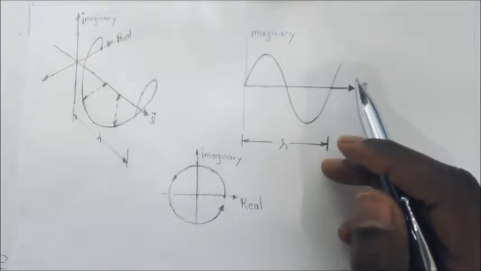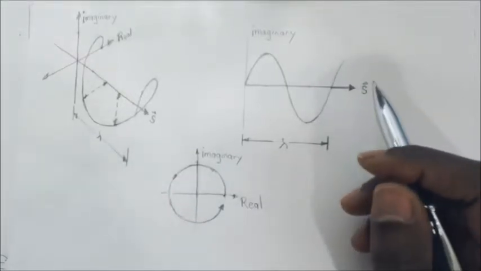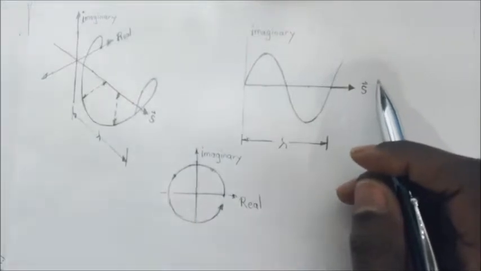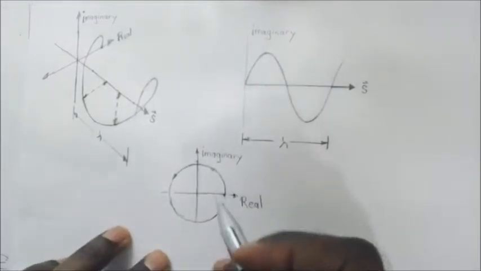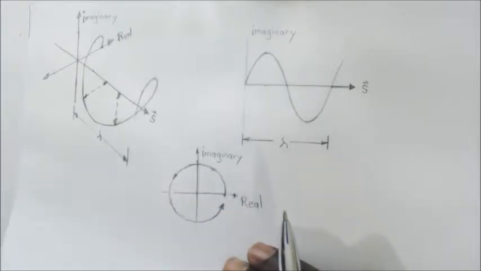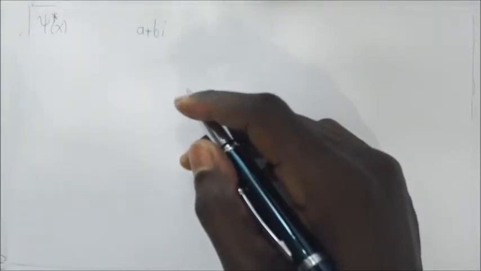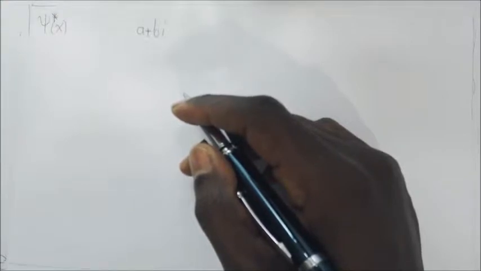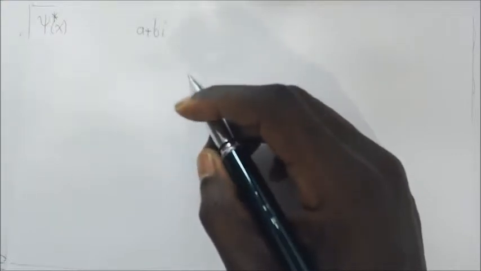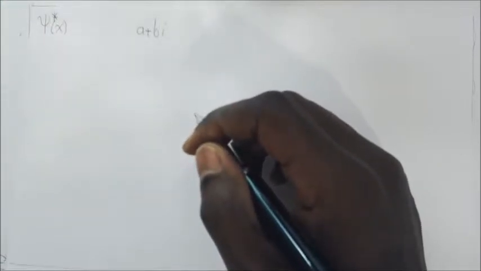Now, because the curve representing the wave function travels 2 pi radians around the s-axis for each wavelength, the angular displacement, as depicted here, that the wave function traces in the complex plane is equal to 2 pi s over lambda, and the value of a complex number, in this case the wave function itself, can be written as the absolute value of the probability amplitude times e raised to i times its angular displacement.